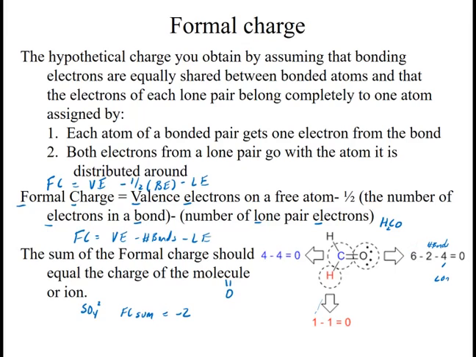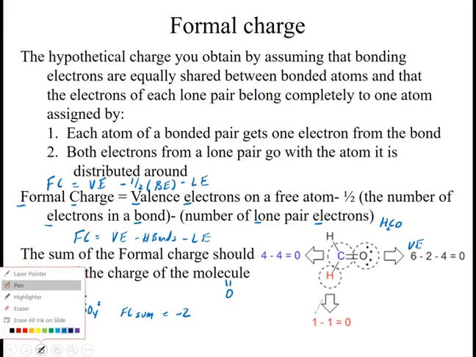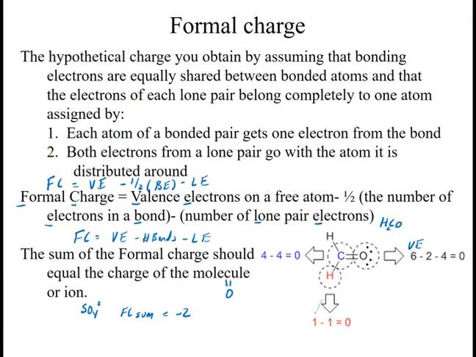Actually, let me do this again. So this is valence electrons. This is the number of bonds. 1, 2. I can write it bigger this way.